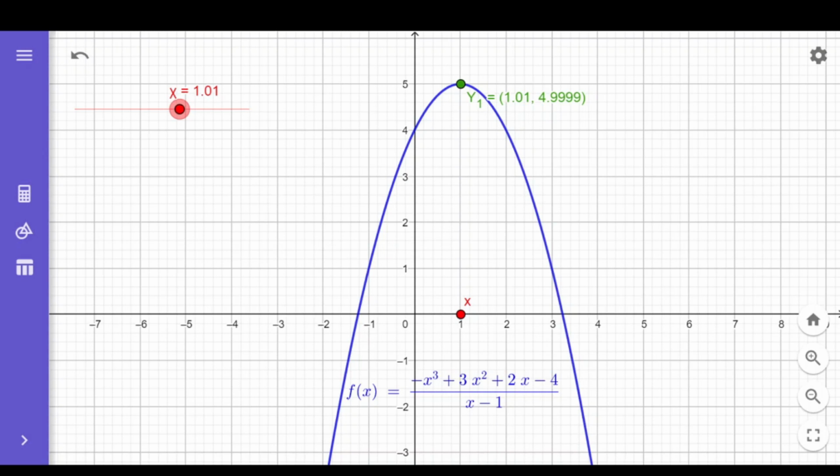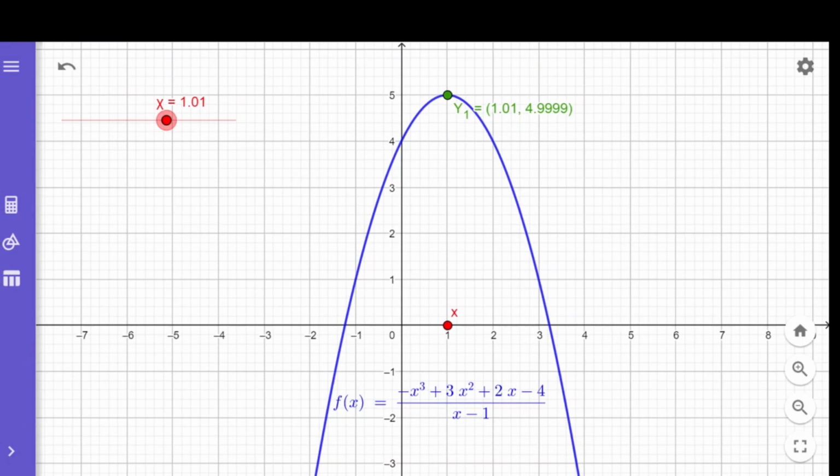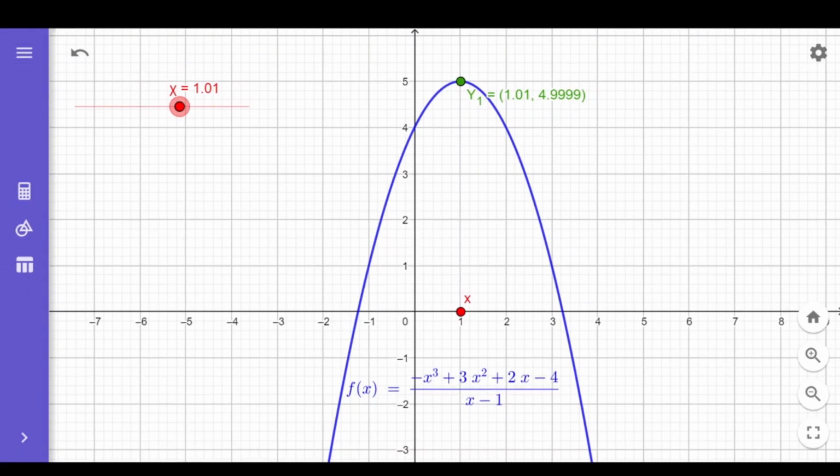Yung 4.999 na yun, or the other values a while back, is getting close to the number 5. Now, let us observe also if x is coming from the left side of 1.